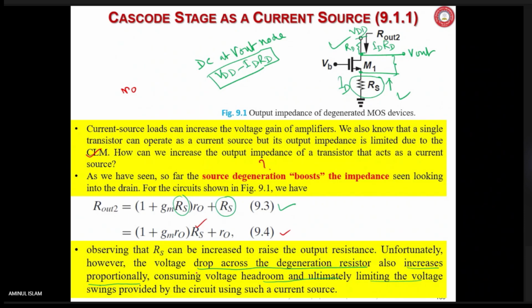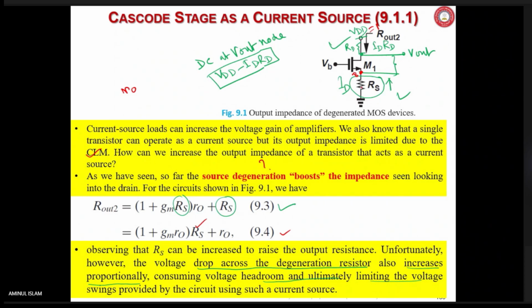Observing that RS can be increased to raise the output resistance. Unfortunately, however, the voltage drop across the degeneration resistor also increases proportionately, and then the voltage swing at the output will be less. If this RS value is very high, and the voltage here at the source is very high, then suppose VDD is fixed at 1 volt, and it is going to be say 0.8 volt.